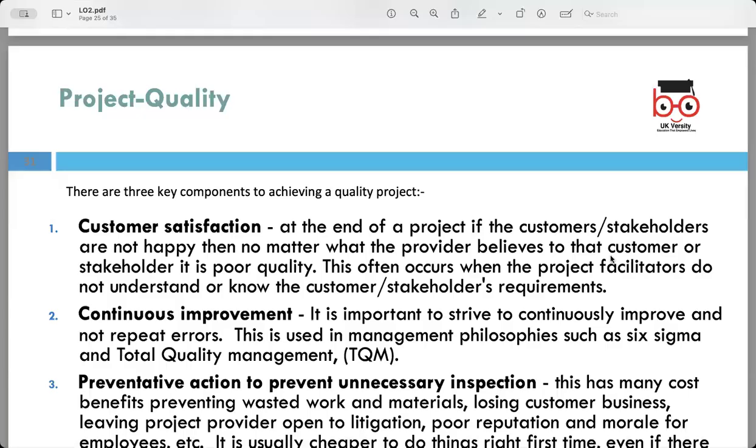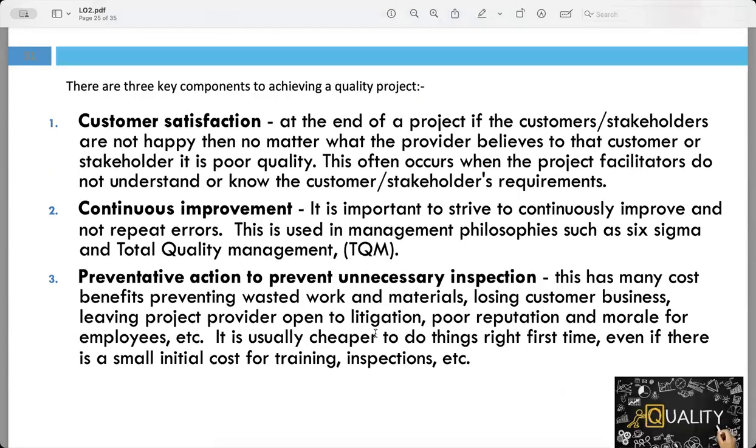The second key component is continuous improvement. Great project managers and researchers always look for ways to learn from their mistakes and avoid repeating them. Techniques like TQM or total quality management and Six Sigma are used in many organizations to build a culture of ongoing improvement.